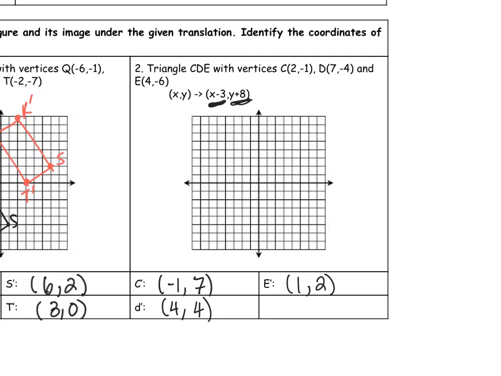So let's graph our first one. So 2, -1, C. D is 7, 1, 2, 3, 4, 5, 6, 7, -4, 1, 2, 3, 4. D. And E is 4, 1, 2, 3, 4, negative 6, 1, 2, 3, 4, 5, 6. So there's our triangle.